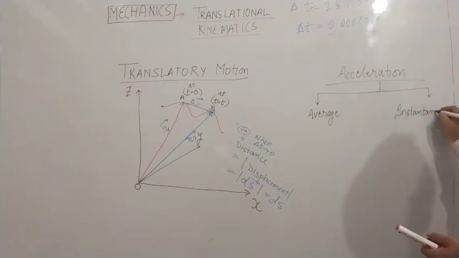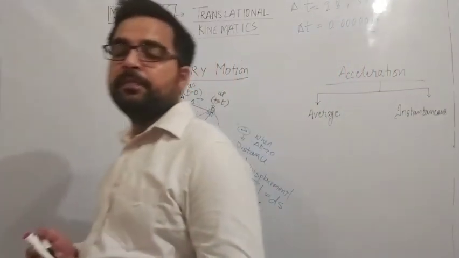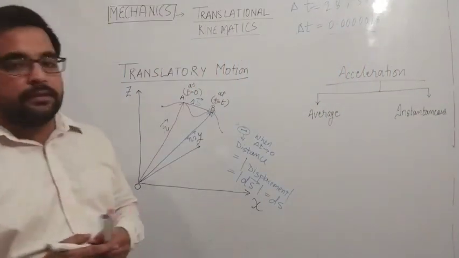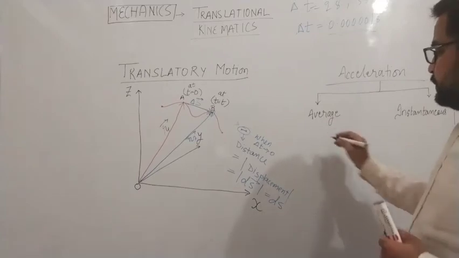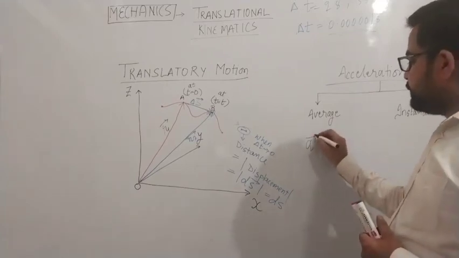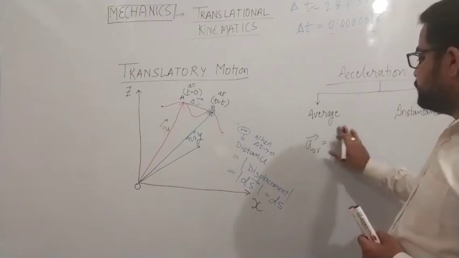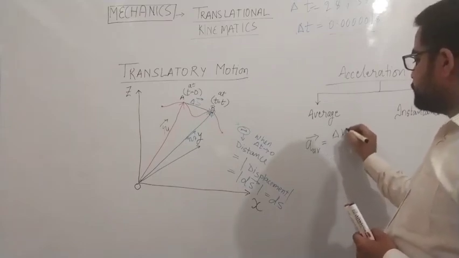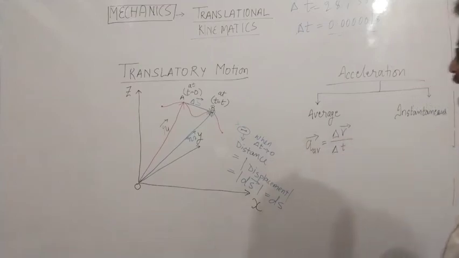Whenever we are talking about instantaneous values, that means we are reducing delta t to 0, and that becomes dt, and that's why for instantaneous values we follow the calculus approach, right? So if I talk about average acceleration, I'll write average acceleration is equal to final velocity minus initial velocity, or delta v upon delta t, where delta t is the time interval in which you are being asked for average acceleration.